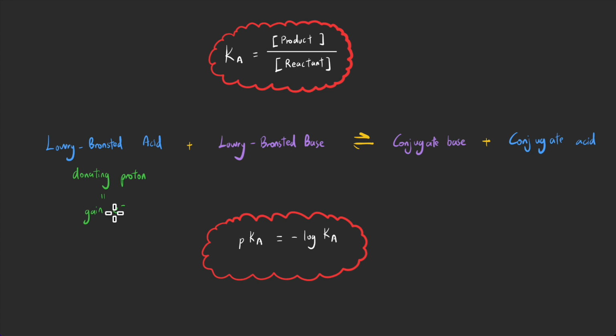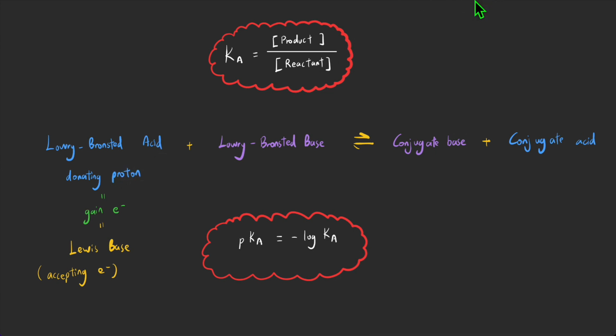So we can also think of it as the Lewis base. So Lewis base means that it's actually accepting electrons. So we can use the same color to make them more visualized.